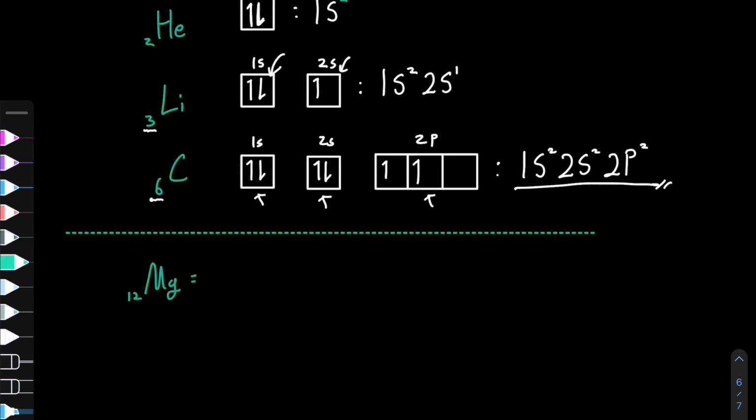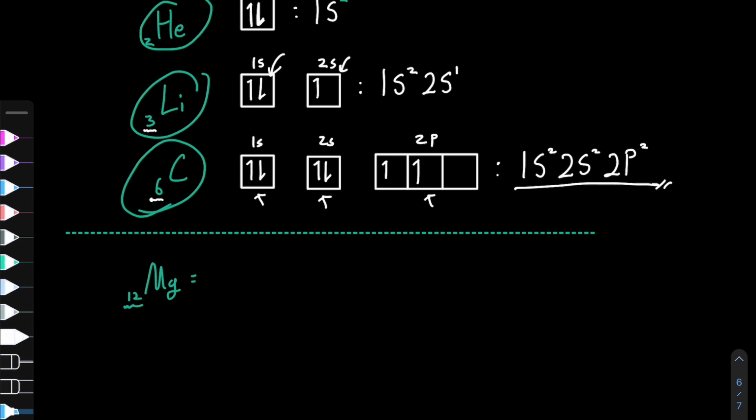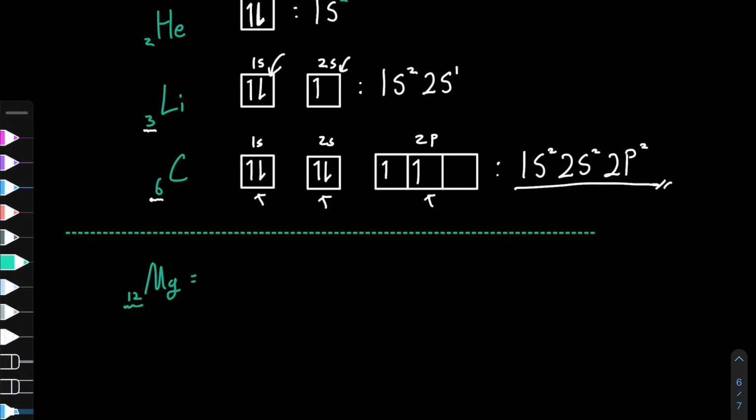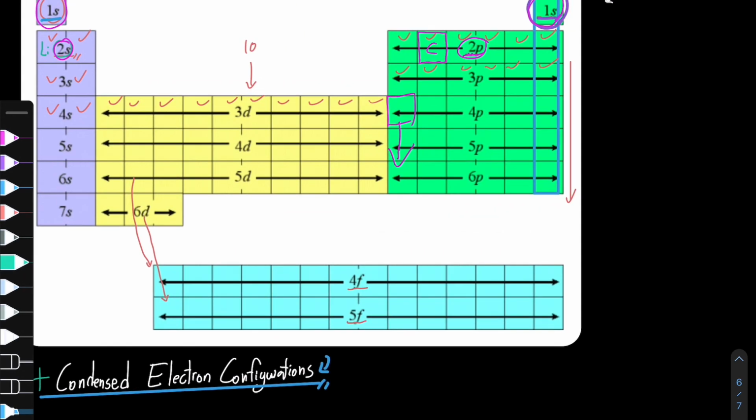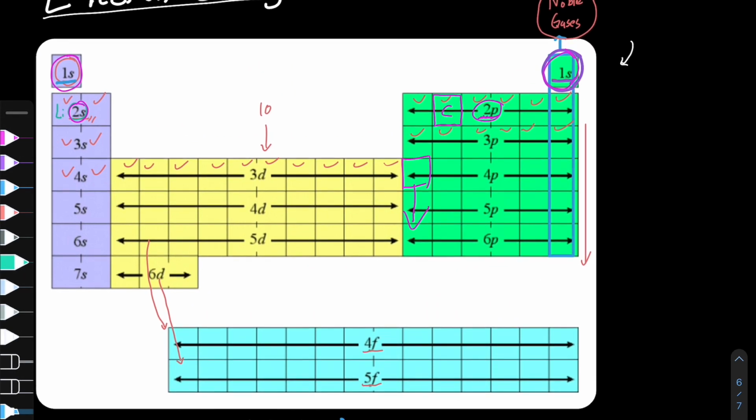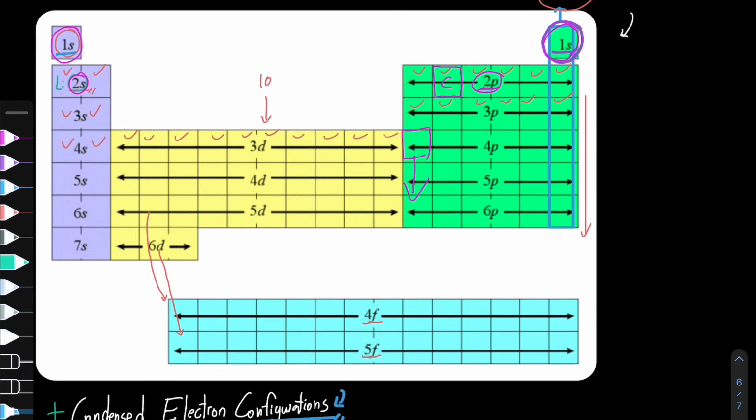It would be very uncomfortable because it has 12 electrons, and that would be much harder than examples such as carbon, lithium, and helium, which just have 6, 3, and 2 electrons. So how we do this is that I've mentioned before that noble gases are very important, and the reason noble gases are important is that we can use them to write condensed electron configurations.